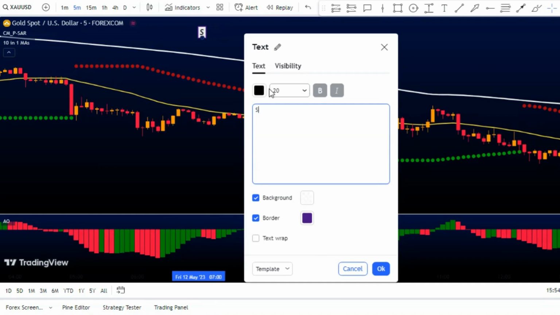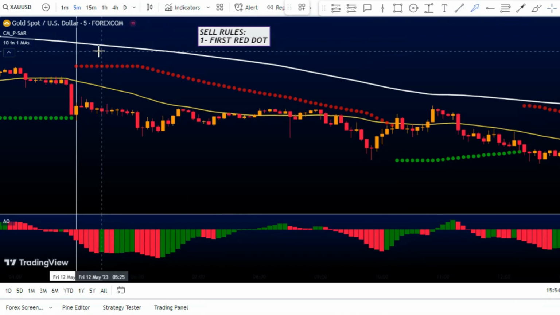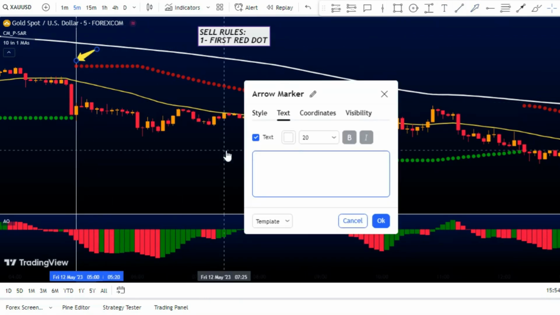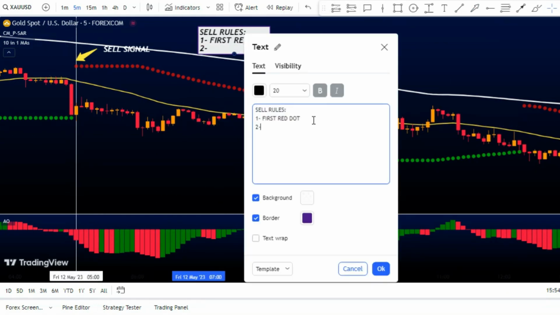And to enter a sell trade, firstly we gotta make sure the sell signal showed up, meaning a red dot appears above the candle. Then we gotta check that the market is pointing down by looking at the price being below both moving averages lines.